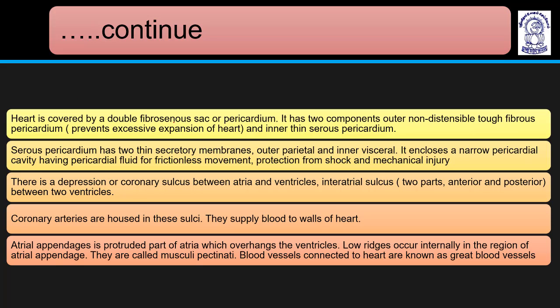The heart is covered by a double fibrous sac or pericardium. The two components are the outer non-distensible tough fibrous pericardium, which prevents excessive expansion of the heart, and the inner thin serous pericardium. So the outer is fibrous, tough and non-distensible, and the inner is serous.